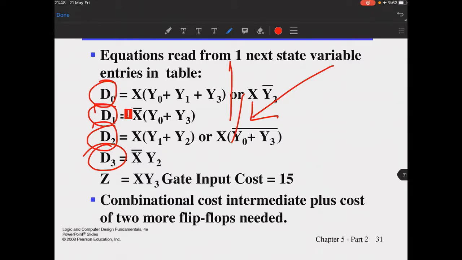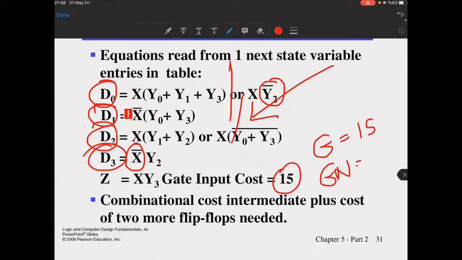And which of them are inverted? Let's see, you say one inverter here and one inverter for X. That's it, I guess. Yes, two. So your gate input cost should be 15 right here, and gate input cost with nuts should be 17, I guess. So it's intermediate.